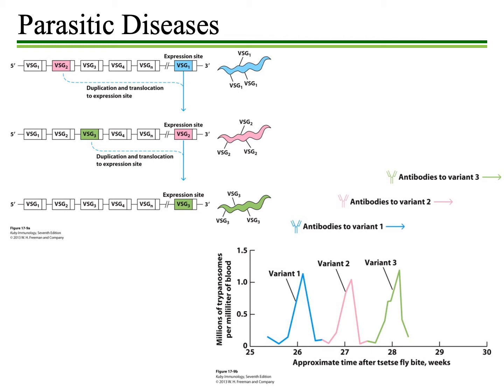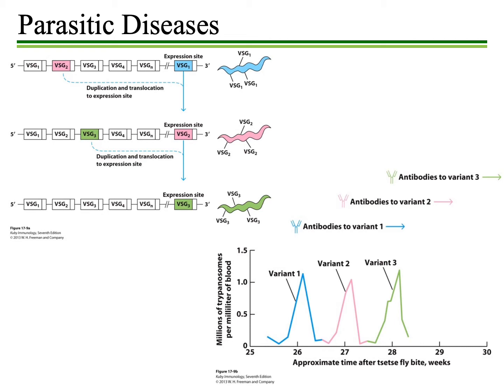If you look down at the bottom, you can see a graph that shows the approximate time after the fly bite, whence the parasite is transmitted to the host. And you can see, as far as time is concerned, the variations that occur in the antigens depending upon the day of infection in the host.